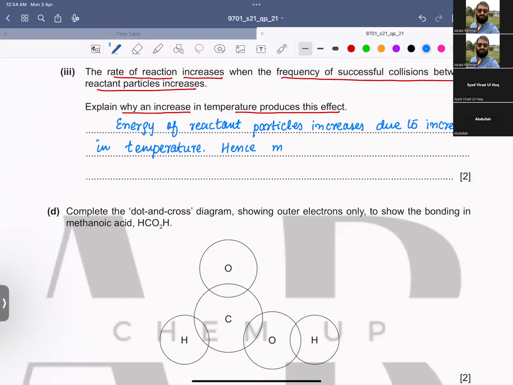Hence, more proportion of particles have energy equal to and greater than activation energy. Yes, is this understandable to everyone?